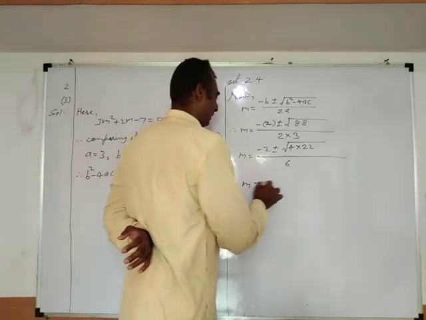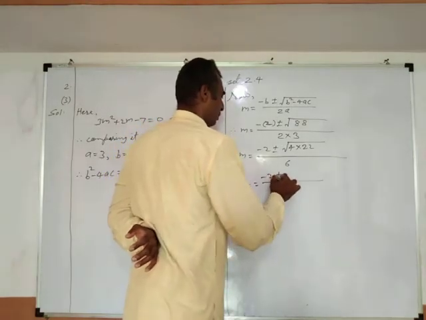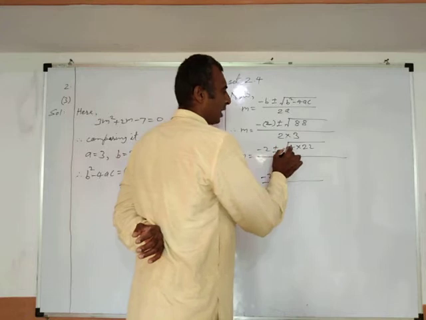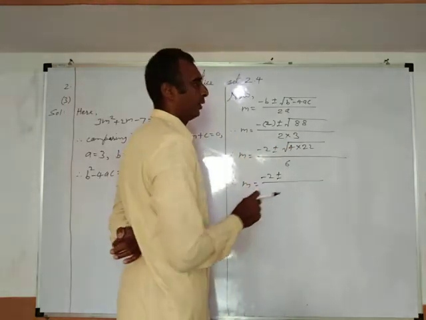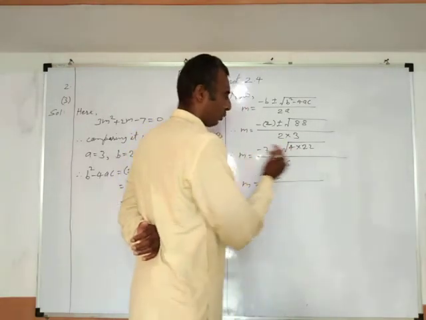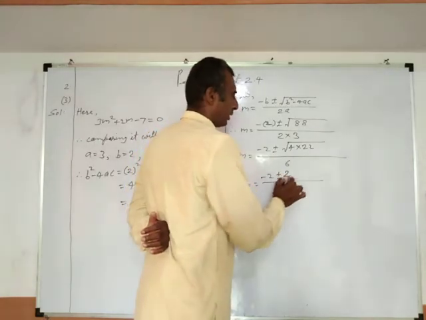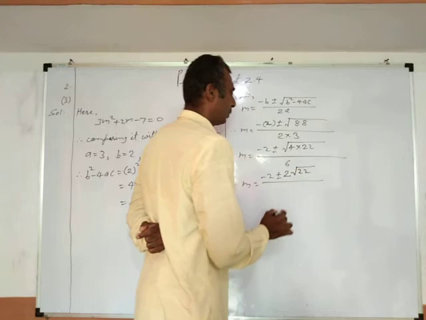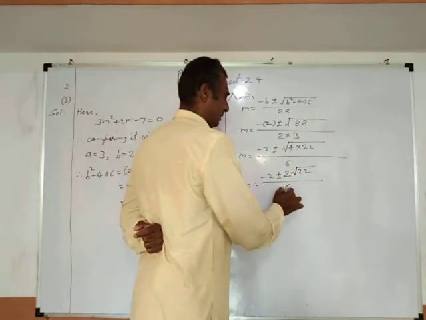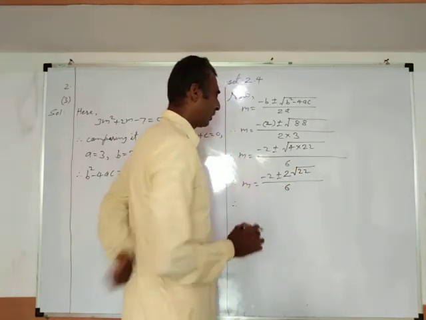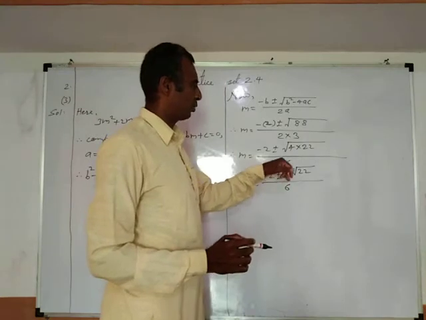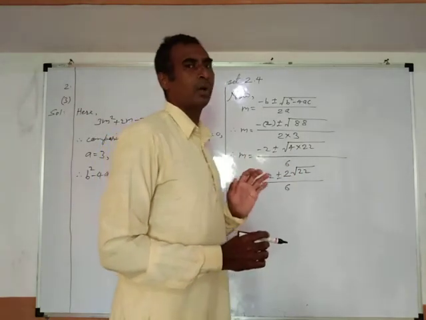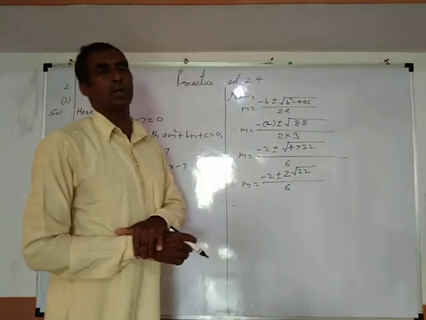Therefore, m equals minus 2 plus or minus under root 4 into 22. Root 4 will become 2. That's why 2 into root of 22 upon 6. Now here you may note minus 2, 2, 6 all are divisible by 2.